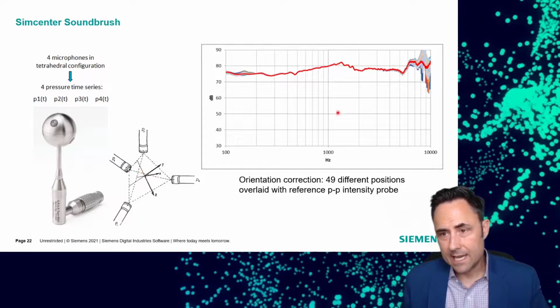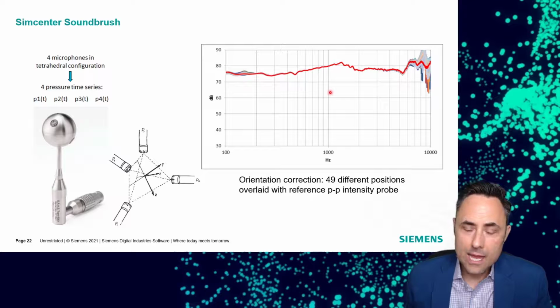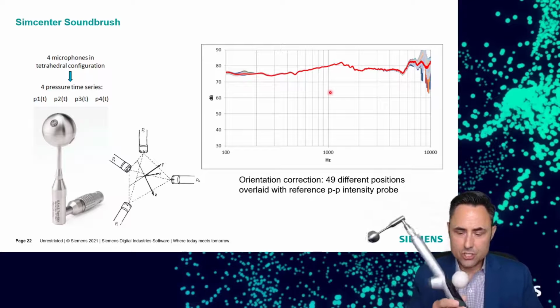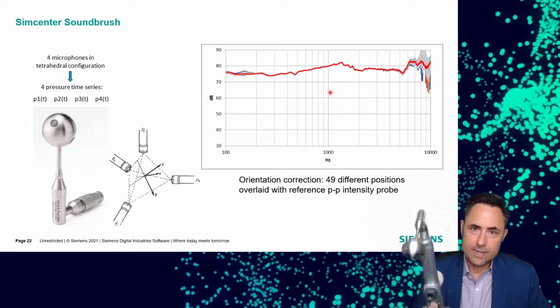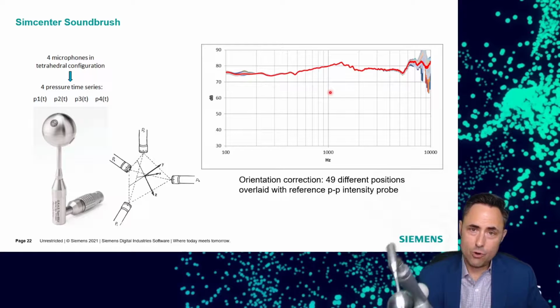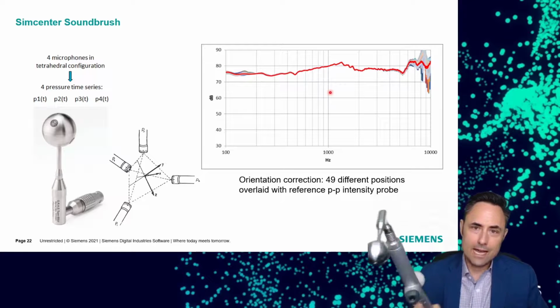The second key aspect is the internal gyroscope. So this is the component that I was talking about that's hidden inside the handle. And the gyroscopes in here essentially track how you're rotating this thing in space. So it doesn't matter how you hold this, the SoundBrush software is able to figure out, oh, he rotated it 52 degrees in whatever plane, and it can compensate for that.